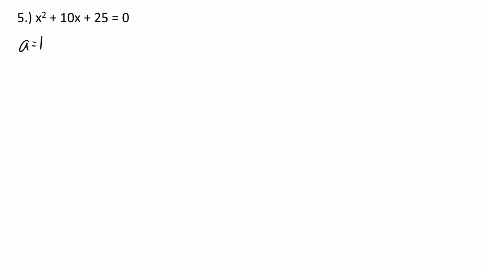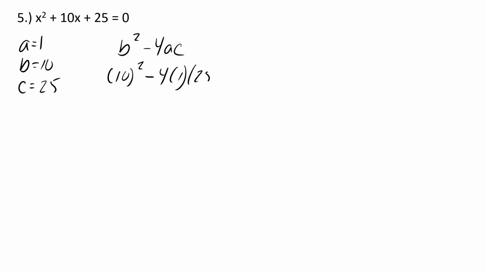A is equal to 1, B is equal to 10, and C is equal to 25. Looking at B squared minus 4AC, we have B squared, which will be 10 squared, minus 4 times 1 times 25. 10 times 10 is 100. 4 times 1 is 4, and 4 times 25 is also 100, and 100 minus 100 is 0.